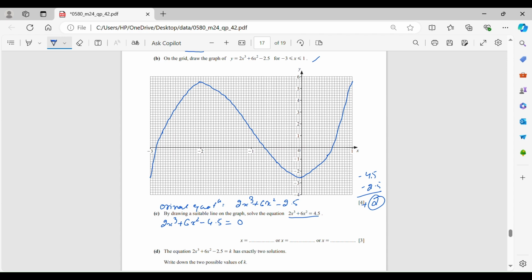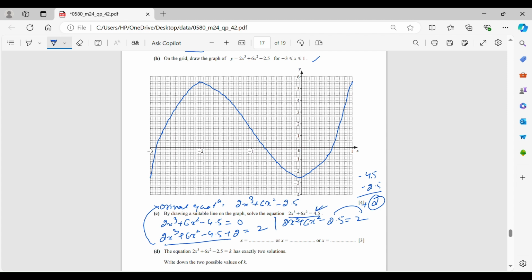If we add 2, the equation will not change, but we will make this equation into the original equation. So this will be equal to 2x cube plus 6x square minus 2.5 equal to 2. If you take this to here, this will be our equation, right?